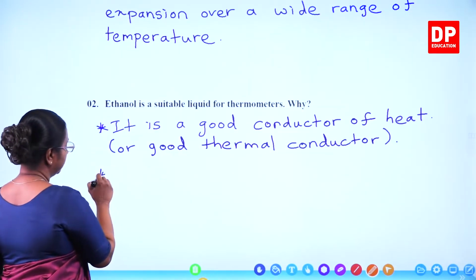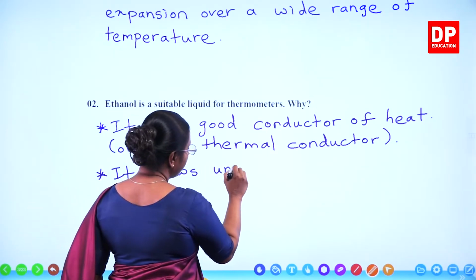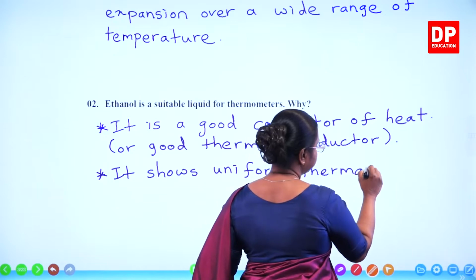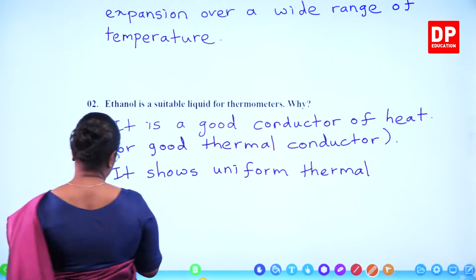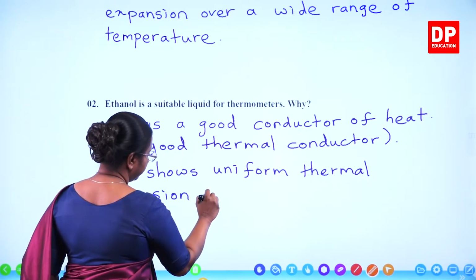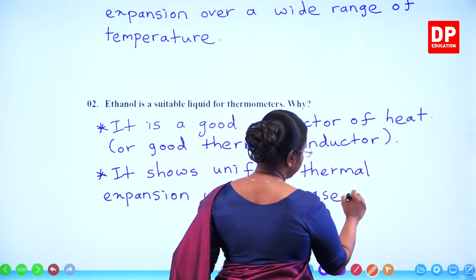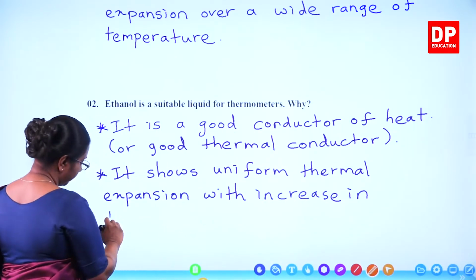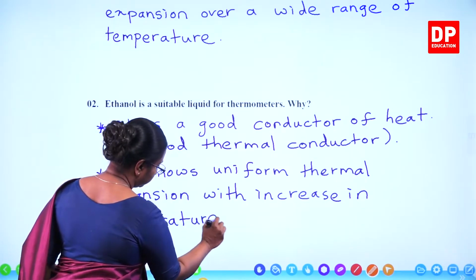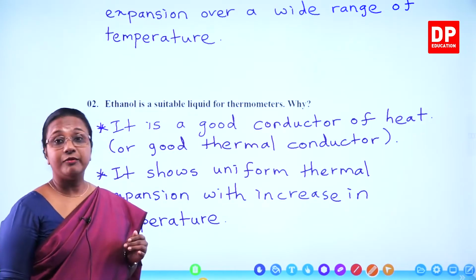And then it shows uniform thermal expansion with increase in temperature. So these are two reasons why ethanol is a suitable liquid for thermometers.